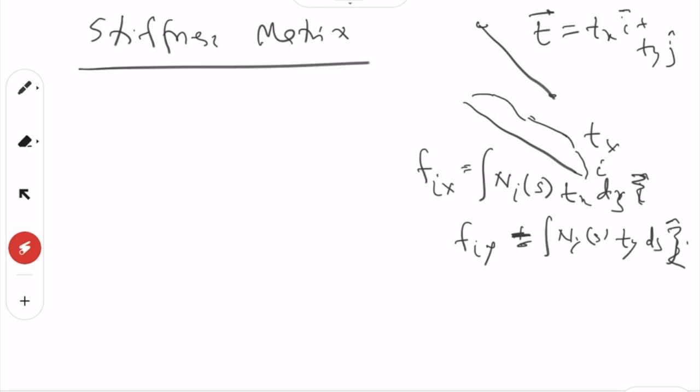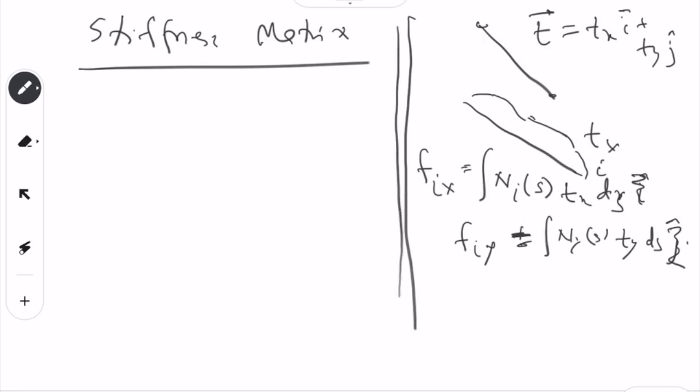Okay, now if you want to calculate the stiffness matrix, how will we do it?